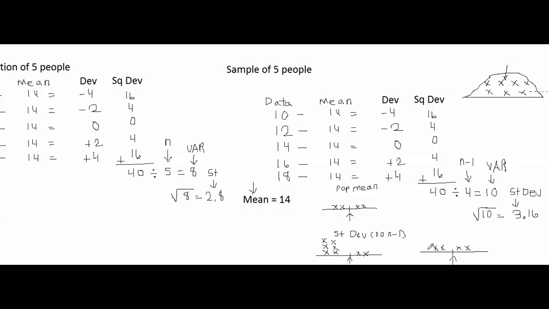They'll end up looking more like this, with about half of them on this side and half of them on this side. That's if I'm using the n minus 1 each time I calculate a sample standard deviation.